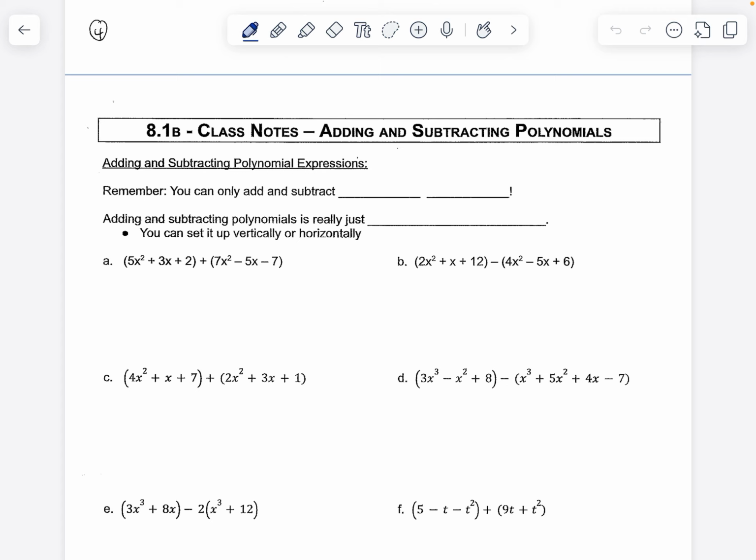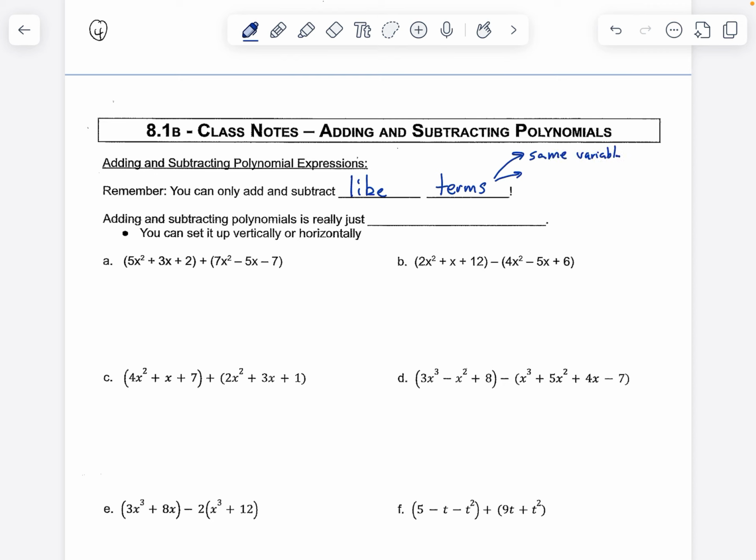We'll be going over section 8.1b, adding and subtracting polynomials. Just as a reminder, you can only add and subtract like terms. To focus in a little bit more on what like terms are, those are things that have the same variable.